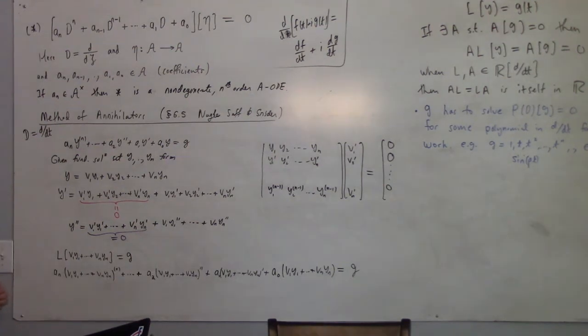Then you have to think about what happens as I plug this general solution guess into the differential equation and do these differentiations. Because of the n conditions I've placed on the derivatives of v, they give linear combinations of the derivatives of v against the fundamental solution set or its derivatives.